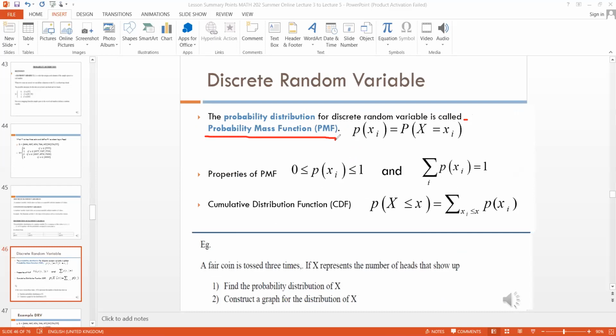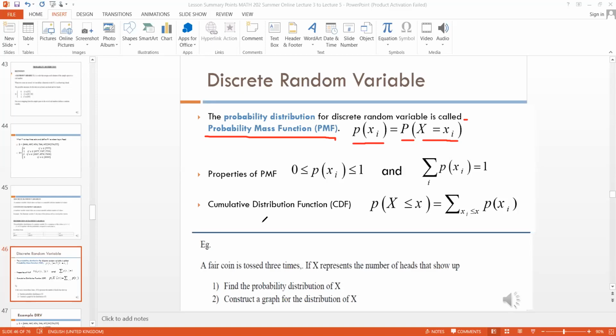And then what you should also note is the probability of the outcome xi can also be written as the probability, capital P, of the random variable assuming the value xi. So you take note of the notation. P of the random variable assuming the value xi is equal to the probability of the outcome xi.